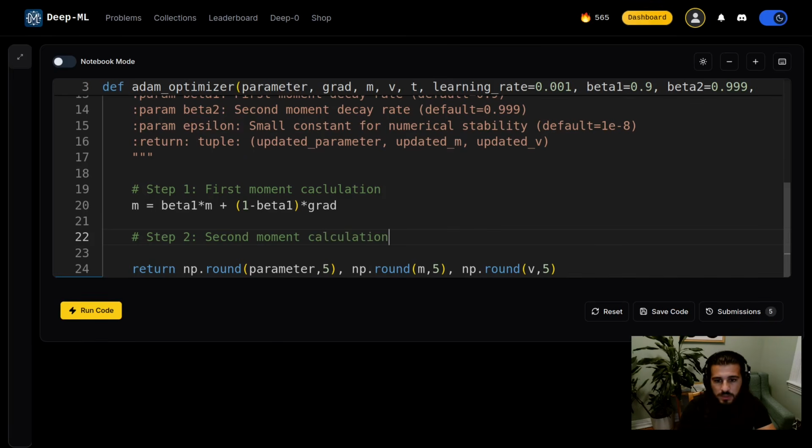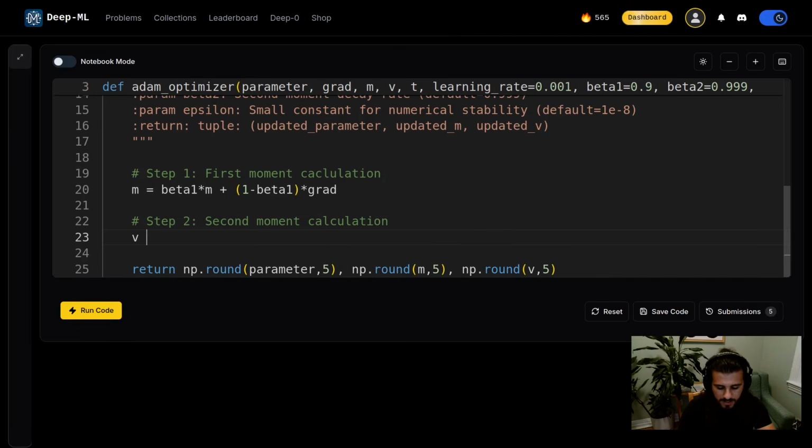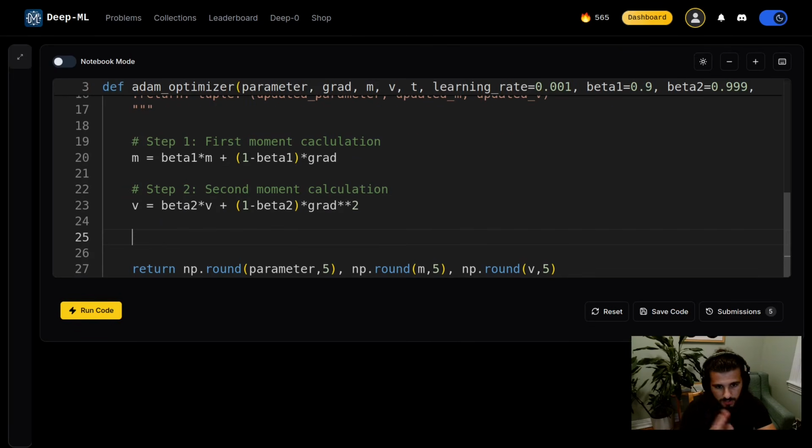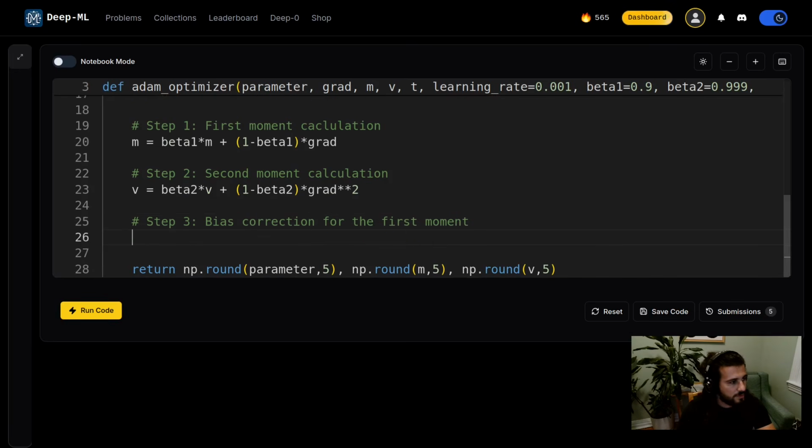Step 2 is the second moment calculation, and it's the same idea here. We have V equals beta 2 times V plus 1 minus beta 2 times the gradient exponent 2. So far, so good. So now we're going to do the bias correction. Bias correction for the first moment: it's going to be M corrected equals M divided by 1 minus beta 1 exponent t.